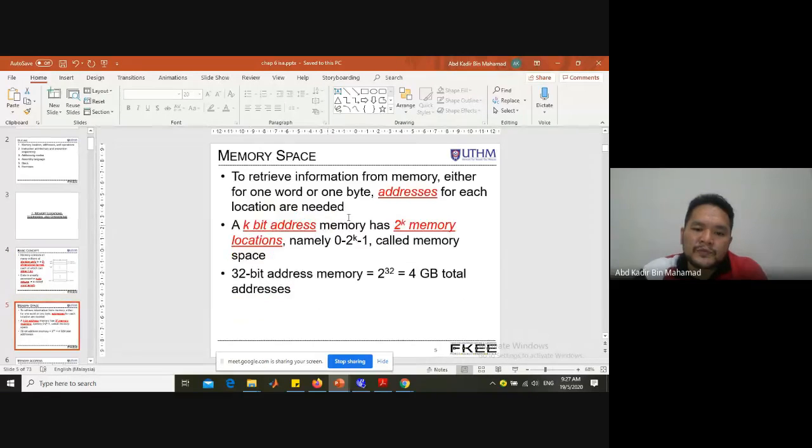Basically, they have a k-bit address memory with 2^k memory locations, from 0 to 2^k minus 1. This is called the memory space. For example, 32-bit address memory, 2 power of 32, you can get 4 gigabyte total addresses.